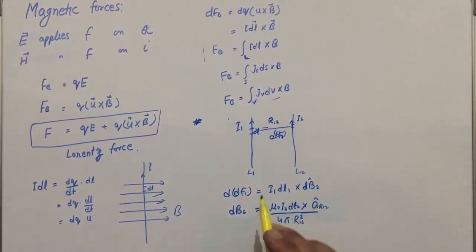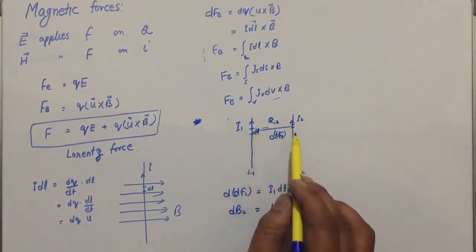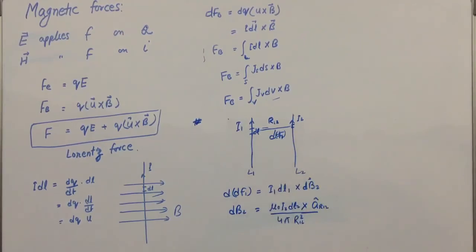This is the field at this point due to this current element I2 dl2.